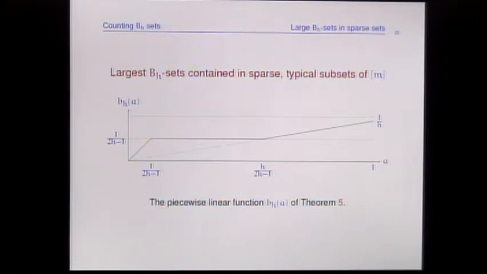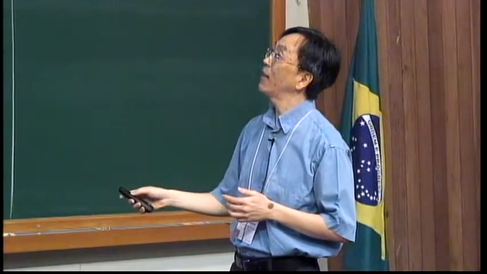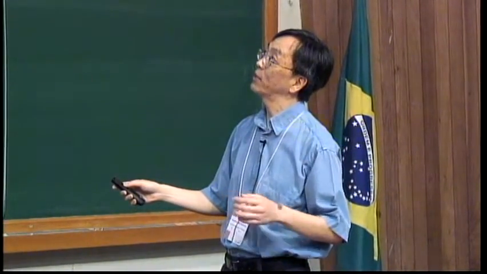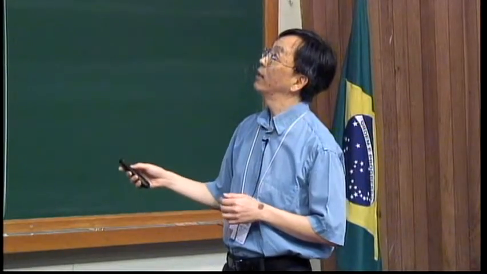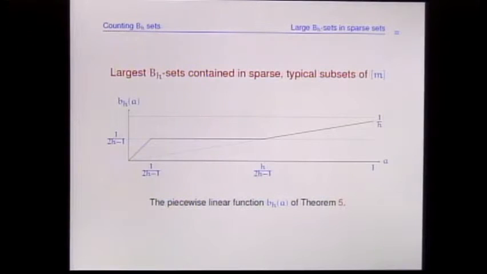But then at 1 over 2h minus 1, you go to a very different regime in which the largest BH set doesn't change as you increase a. The random set increases, but the BH set stays the same. Then at h over 2h minus 1, it picks up again, grows linearly and hits 1 over h at 1, which it should, given that in the deterministic case we know this is the bound.